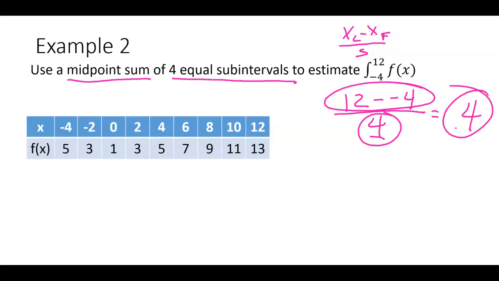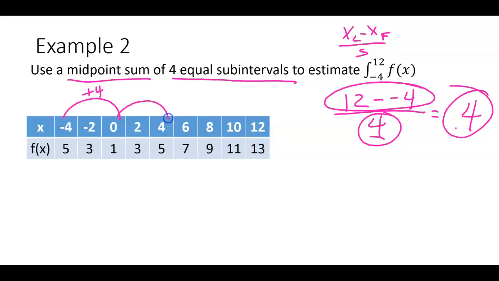So let me jot these down real quick. Okay, so we're jumping by 4s, right? So we start here, we jump there. So we go up by 4.